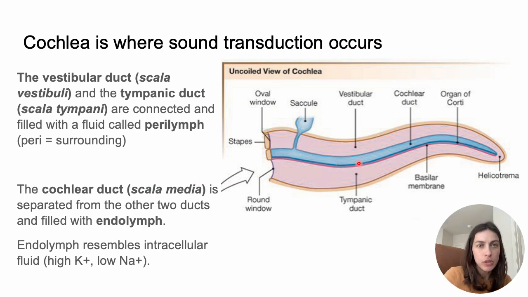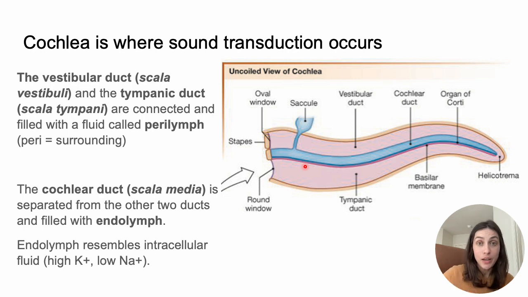Okay. The cochlear duct, which is also called scala media, is separated from the other two ducts, and it's filled with a different fluid called the endolymph, endo meaning inside. And endolymph is strange because even though it is outside of cells, this is extracellular space in this area. There are cells up here, and cells right here making the boundaries of these tubes.